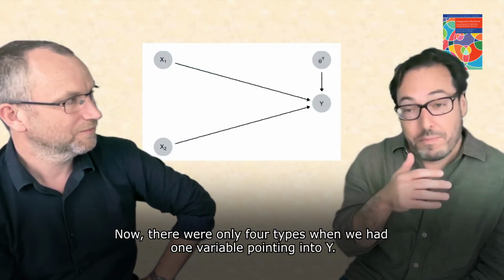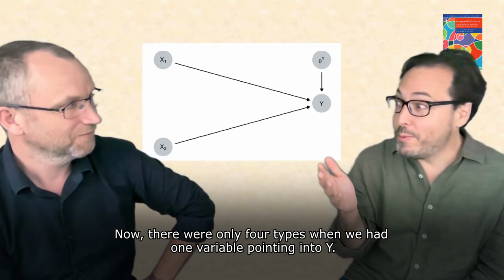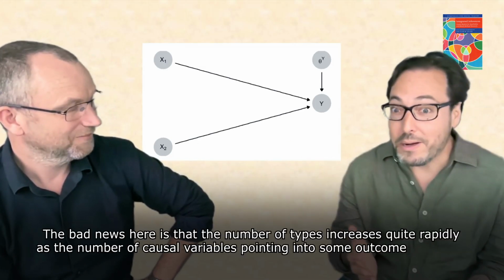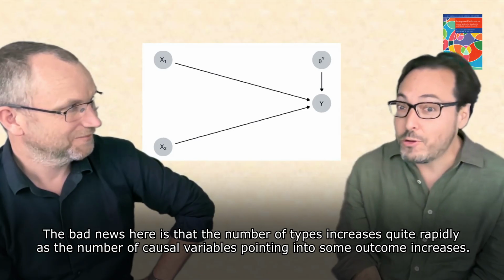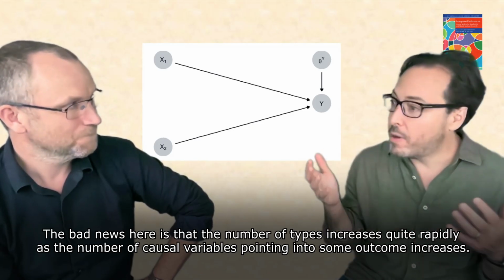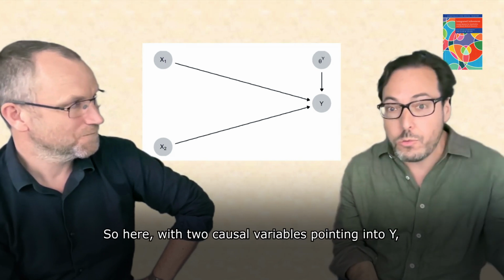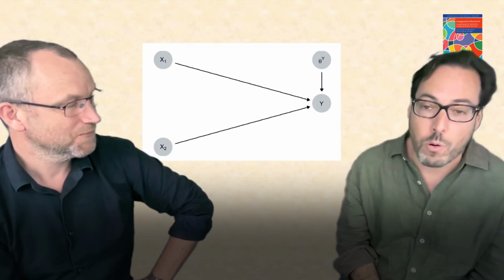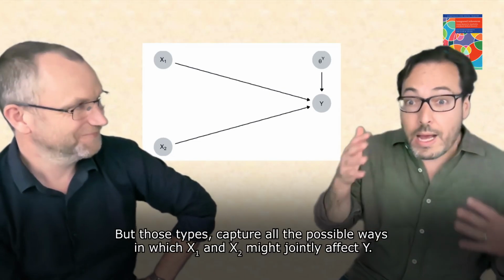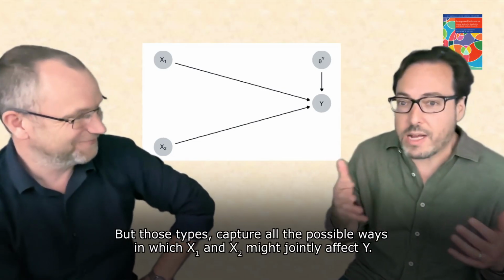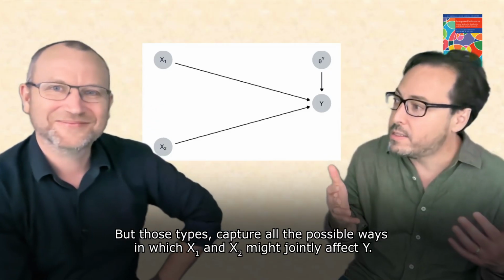Now, there were only 4 types when we had 1 variable pointing into y. The bad news here is that the number of types increases quite rapidly as the number of causal variables pointing into some outcome increases. So here, with 2 causal variables pointing into y, we've got 16 types instead of 4. But those types capture all the possible ways in which x1 and x2 might jointly affect y.